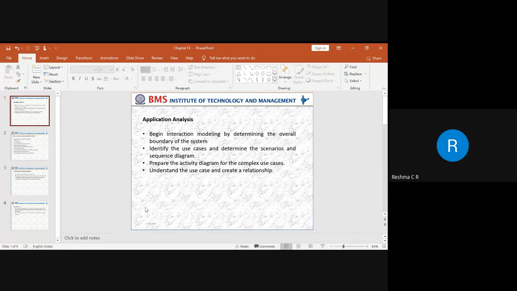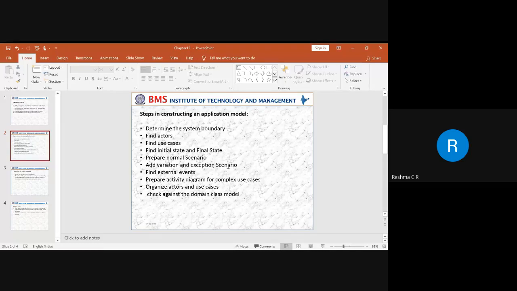Based on the different actors, we are trying to map those systems with respect to the use cases. That is how we are performing the application analysis.